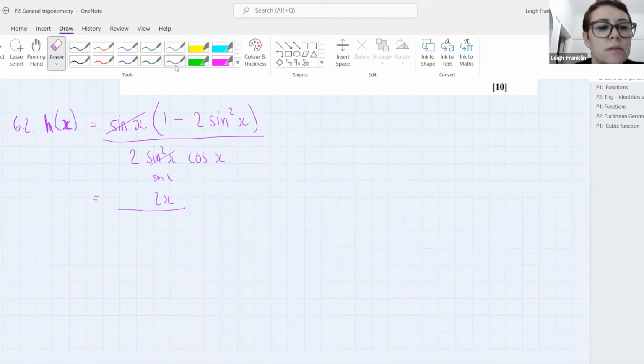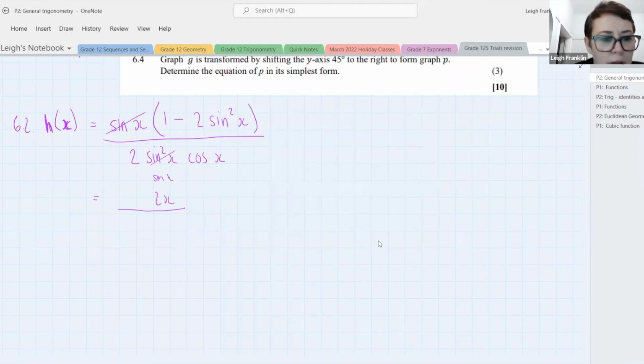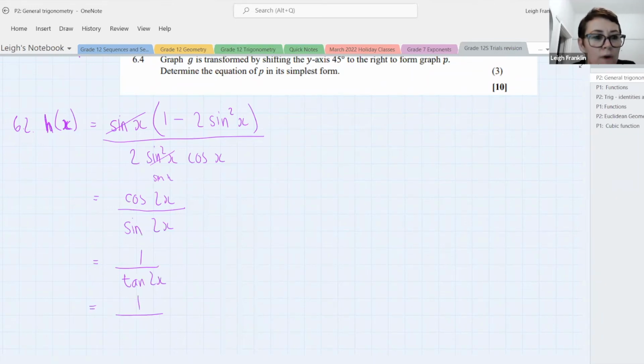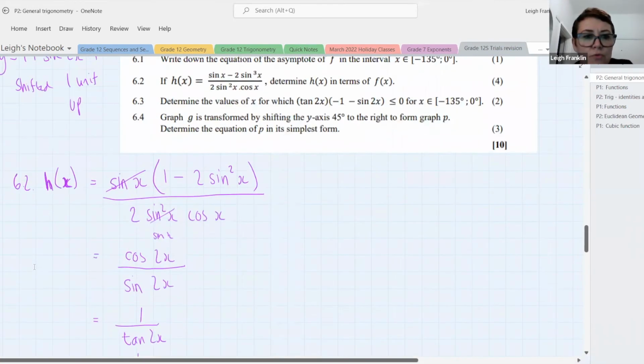It is cos 2x. Okay, so 1 minus 2 sine squared x is cos 2x. 2 sine x cos x is sine 2x. And cos 2x over sine 2x is 1 over tan 2x. So that would be 1 over f of x, because they asked us to write h of x in terms of f of x.